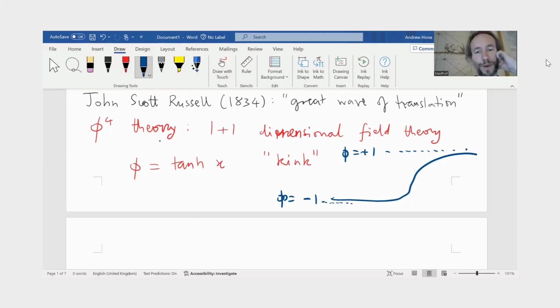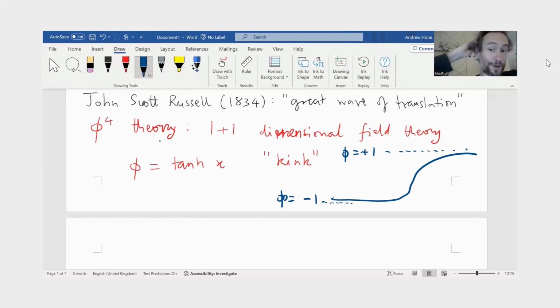And then that paper that I just flashed up on the screen is about looking at essentially what's called perturbation theory. So looking at oscillations around this kink solution. Okay.